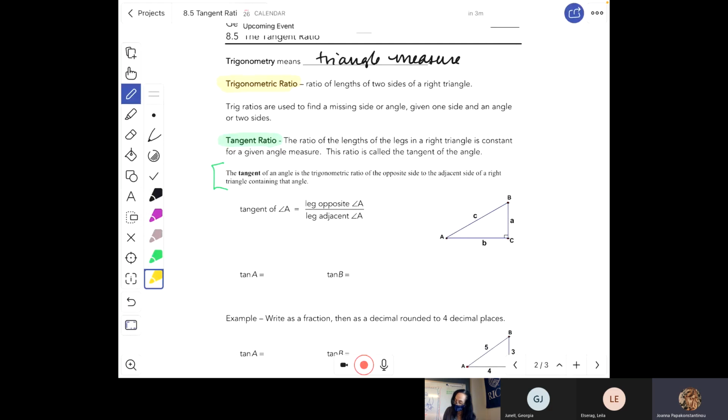So if I'm looking for, let's say, the measure of angle A, that's our little theta, I'm going to look at the tangent, and it's written in short hand as tan A of what?